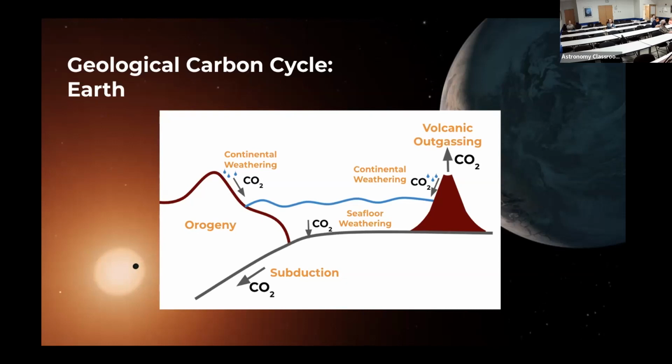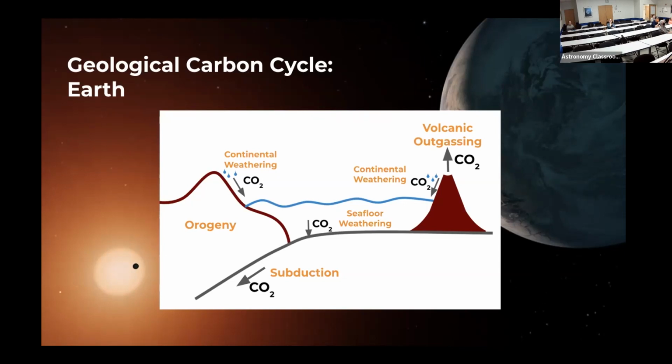So the Earth has volcanic outgassing, which is released to the atmosphere, equilibrates with the ocean, and then you have continental weathering on the mountains that weather CO2, along with seafloor weathering. There's some weatherable rock on the seafloor that basically returns CO2 to the crust, which then gets subducted and can return back to the cycle.